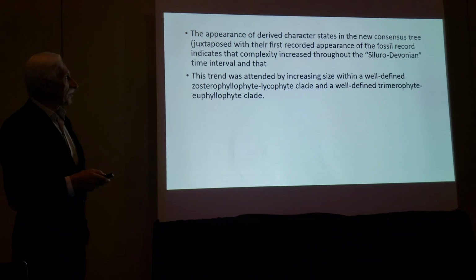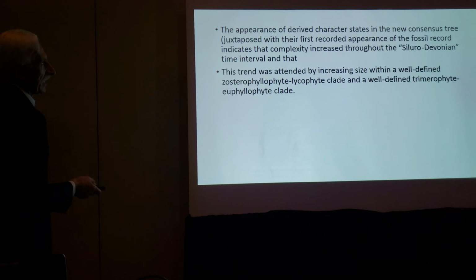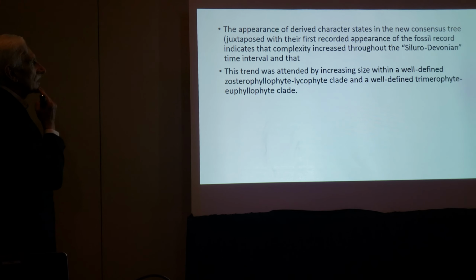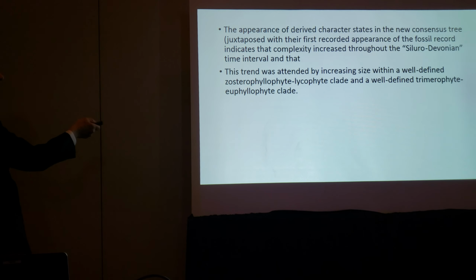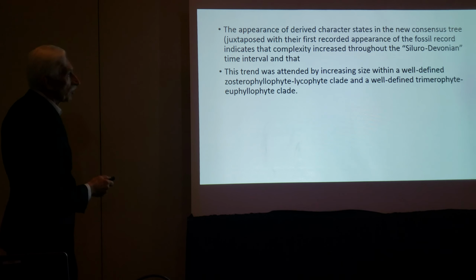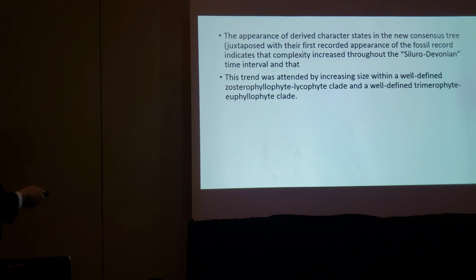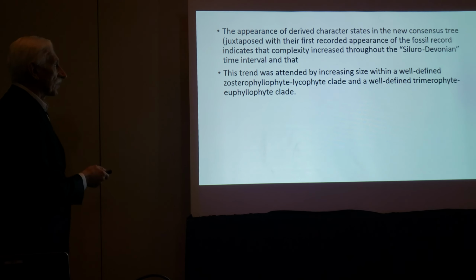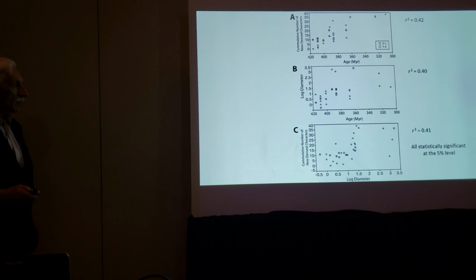The appearance of derived character states in the new tree, juxtaposed with their first recorded appearances in the fossil record, indicates a complexity increase throughout the Silurian-Devonian time interval, and that the trend was attended by increasing size, with a well-defined zosterophyllophyte-lycophyte clade and a well-defined trimerophyte-euphyllophyte clade.